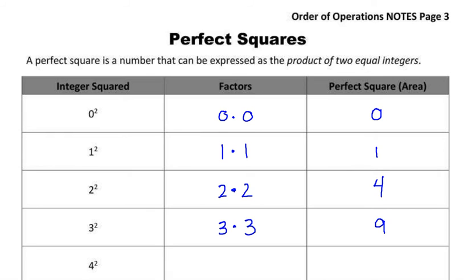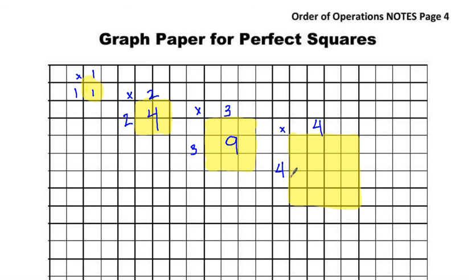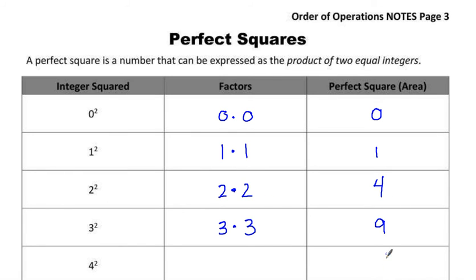And then if we look at the last one, it's a 4 by 4. Well, it would be made of 16 pieces because 4 times 4 is 16. So this is a perfect square of 16 pieces. So this is 4 by 4, a 4 by 4 square, and it's made up of 16 pieces.